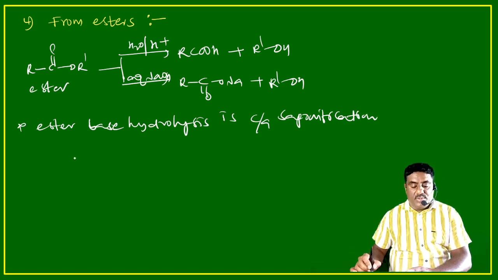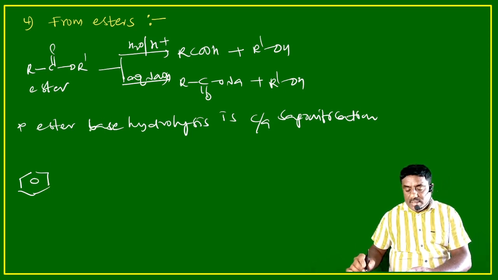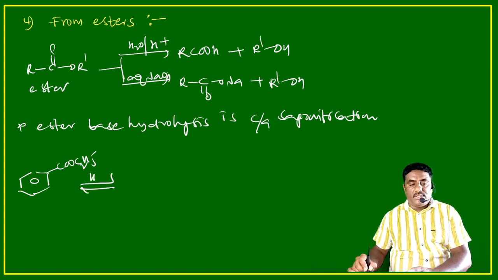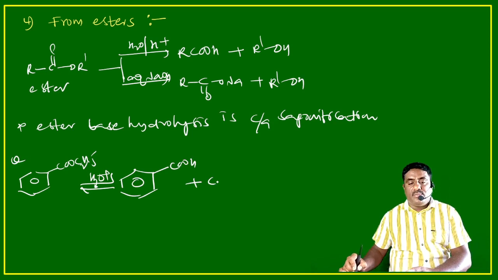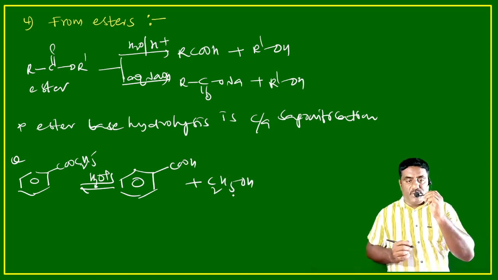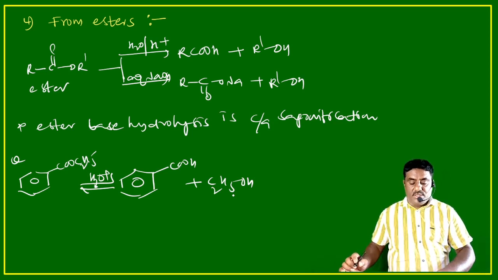Let's take an example: ethyl benzoate, COOC2H5. Ethyl benzoate hydrolysis gives what? It gives benzoic acid plus ethanol, C2H5OH. It is from esters.